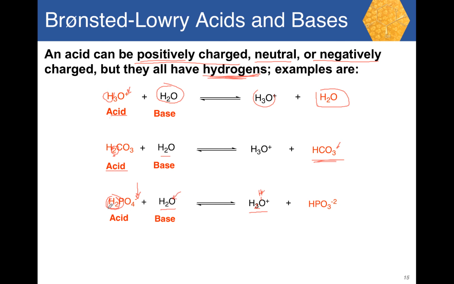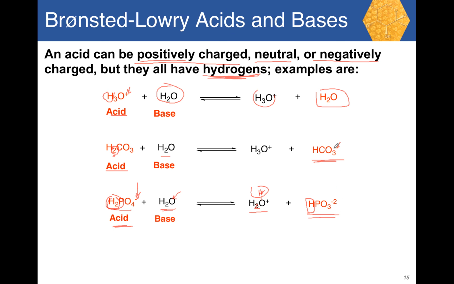And this acid has now gone to HPO4 negative 2 and lost one hydrogen, because by definition an acid is a proton donor. So here's the acid giving up one proton to the base to form the conjugate base over here.